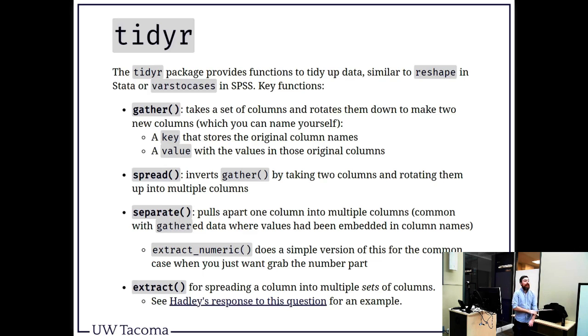If I gather all 85,000 columns, I have a single row that has all the numeric and all the text values for everything in that data set. But if I want to spread it back out into sets of columns, I want one column for married, one column for employed, one column for incarcerated, that kind of thing. Extract will allow you to, instead of rotating them all back up, rotate them in sections back up into their own columns.